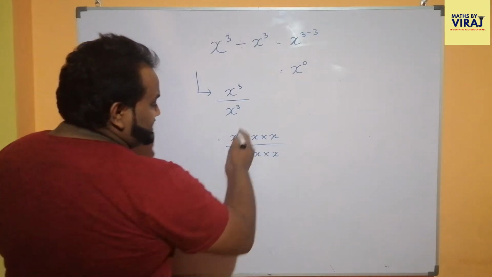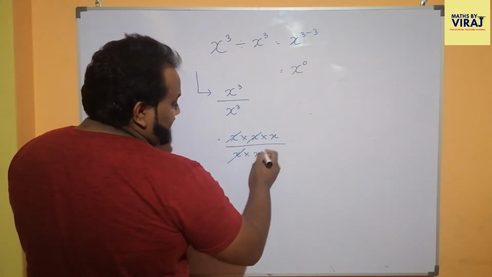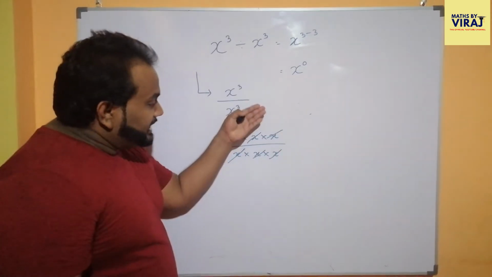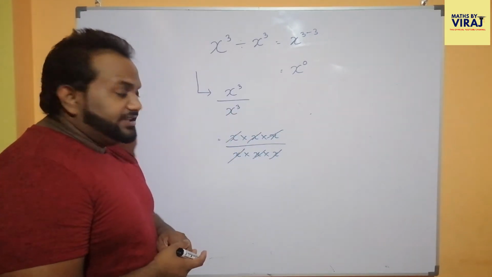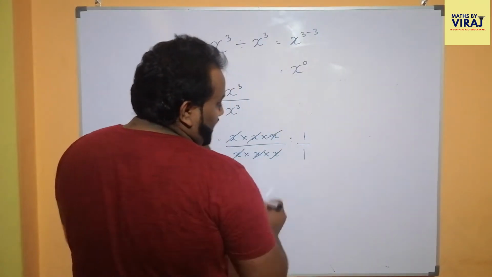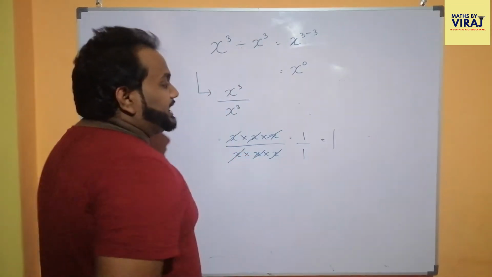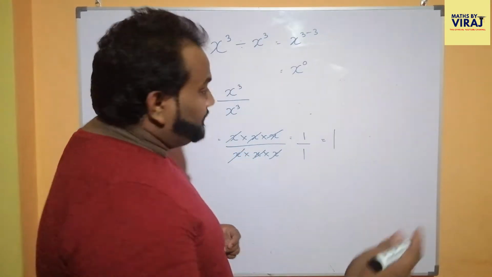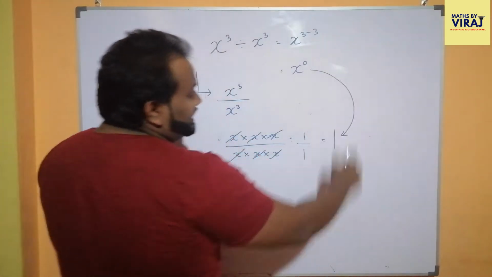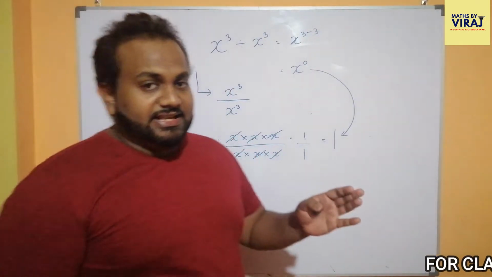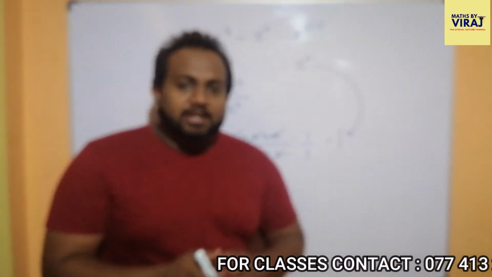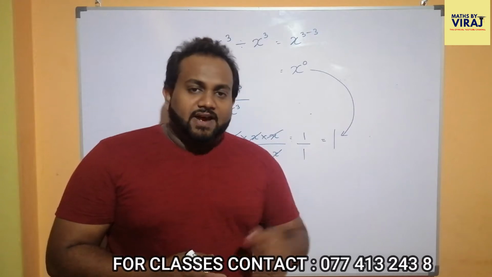Now I can cancel the x's in the numerator and the denominator, which gives me 1 over 1, which has a numerical value of 1. Therefore, I can say that x to the power 0 is 1. That is, any number or variable to the power 0 is 1.